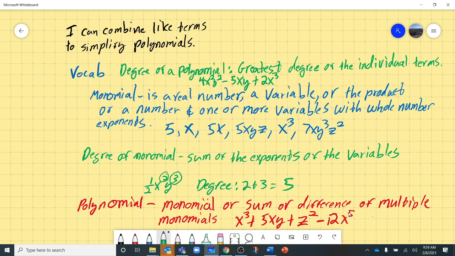This would be a fourth degree term because that is the highest one, right? For the 5xy, we have 1 with the x and 1 with the y, so that's a second degree. And with the last one, x to the third power, that's a third degree. And so the fourth degree would be the highest one, so that is the degree of the polynomial.